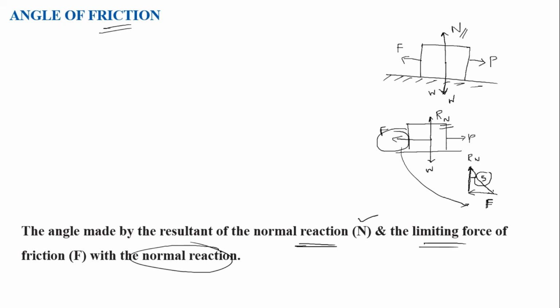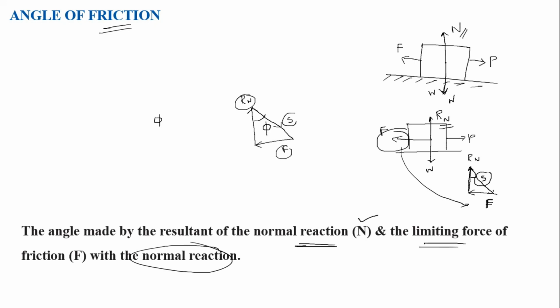The angle between these two: say, for example, this is the normal reaction Rn and the frictional force is acting this side, and the resultant of the normal reaction and frictional force is S. The angle made by the resultant with the normal reaction is called phi.